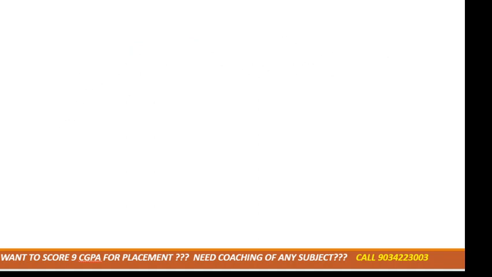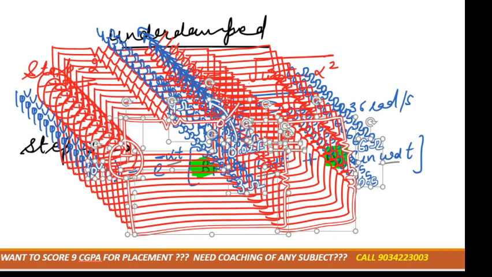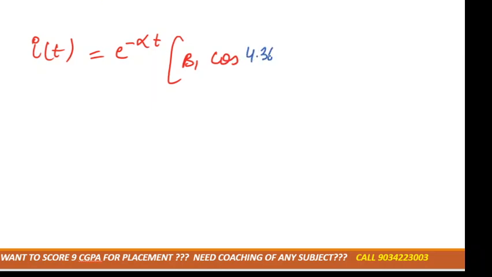So the equation we got is i of t is equal to e raised to power minus alpha t, b1 cos of 4.36t plus b2 sine of 4.36t.